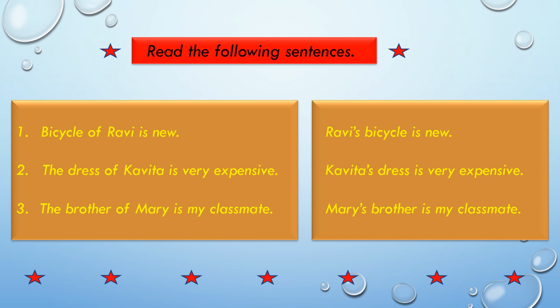One thing is that the sentences given on the right hand side are shorter and read better. So just to improve our writing or to make our writing impressive, we use this possessive form of the noun to show the possession.